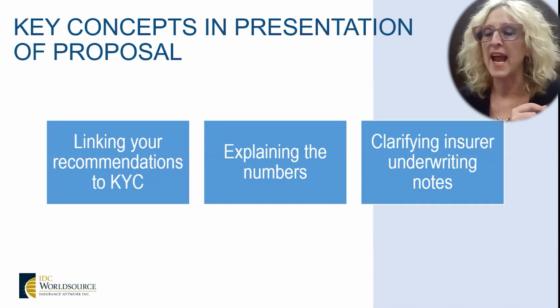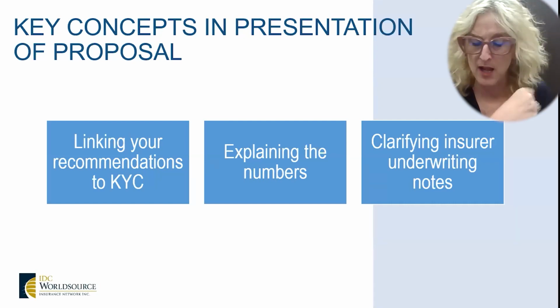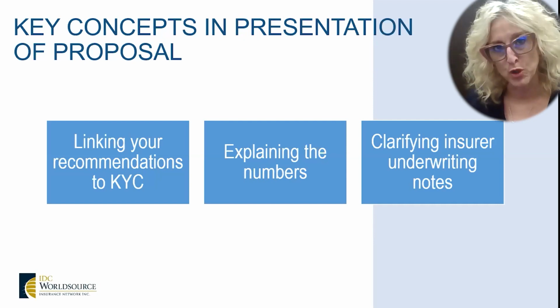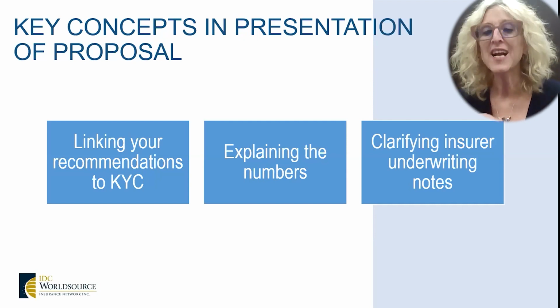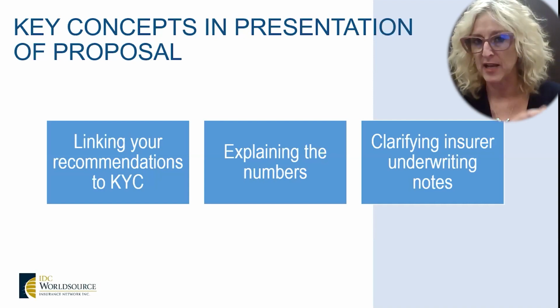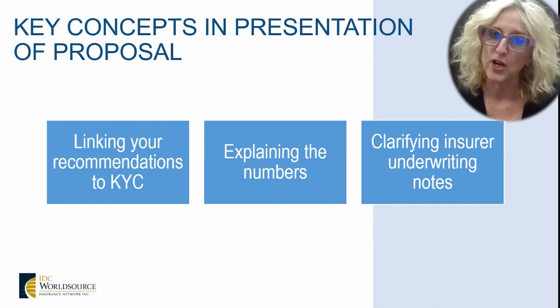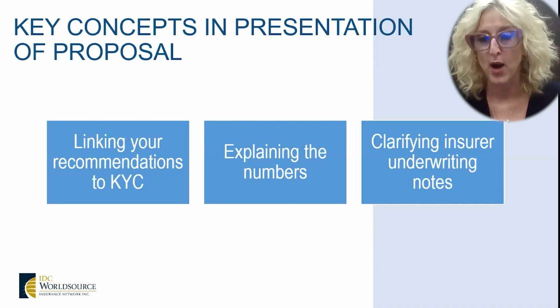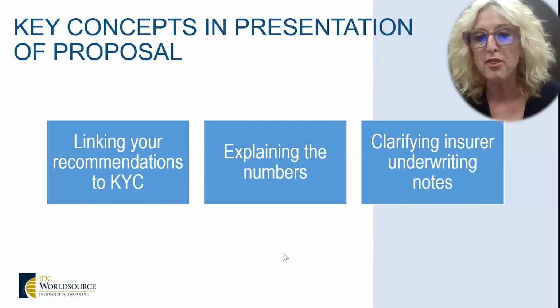It could be a longer rate stabilization and rate guarantee. It could be a renewal cap after the first year. If you're not paying attention or know where to look or understand the work that's gone into that marketing proposal, then you might be doing your client a disservice by not bringing it to their attention, and that could affect their buying decision.